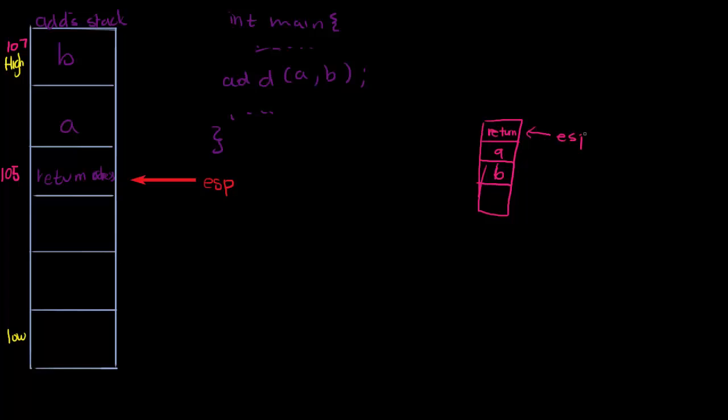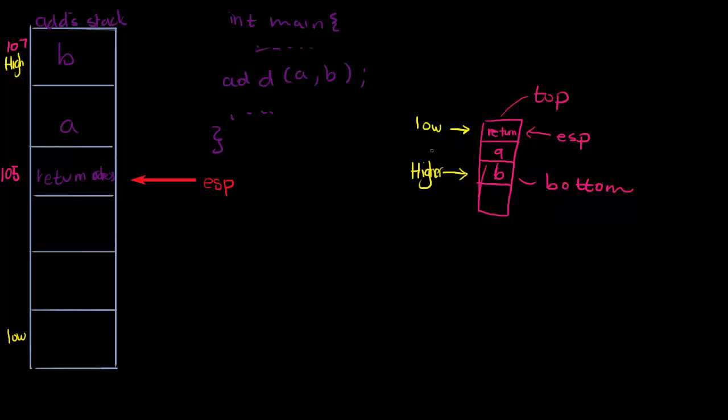This is going to be the topmost item of the stack. So this is the top of the stack, and this is the bottom of the stack. So if we draw it this way, however, this would correspond to a lower memory address, and this would be a higher memory address.